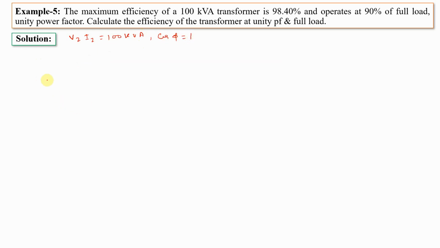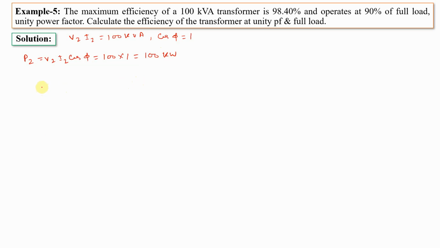Therefore, the rated output power, V2I2 cos phi, will be 100 into 1, that is equal to 100 kilowatt. The output power is maximum.